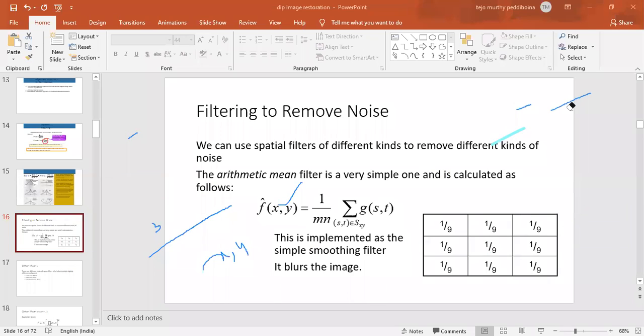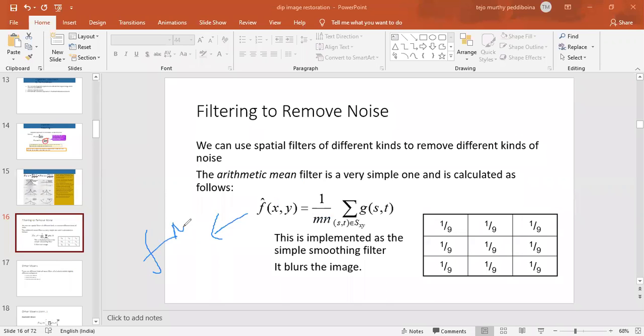The only thing we have to understand here is that f cap of xy is nothing but an estimation of f of xy. Exactly we cannot find f of xy. So there will definitely be error between the original image and the estimated image.